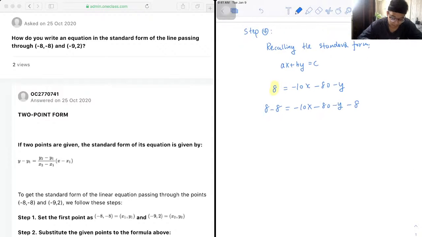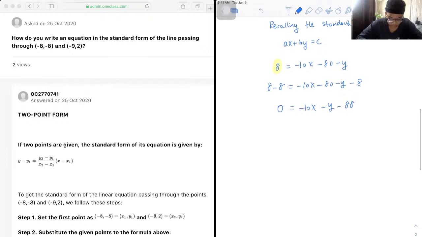So 8 minus 8 is just 0, and for our right hand side, it's negative 10x minus y minus 80 and then minus 8, so that's minus 88 in total.